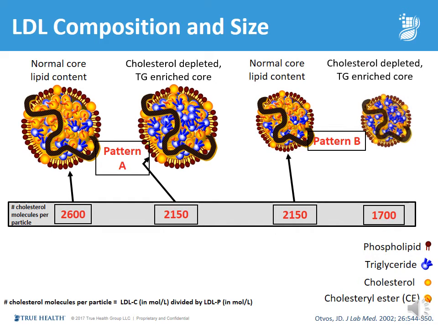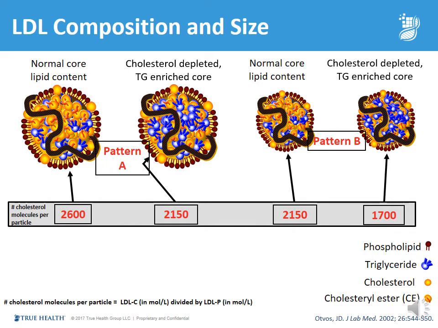If one took the ultimate extreme, having a small LDL particle that is also triglyceride-rich, they carry even less cholesterol molecules per particle, and they are associated with the highest LDL particle counts. Because it would take a heck of a lot more LDLs capable of carrying 1,700 molecules of cholesterol than it would carrying 2,600 or 2,150 molecules of cholesterol.